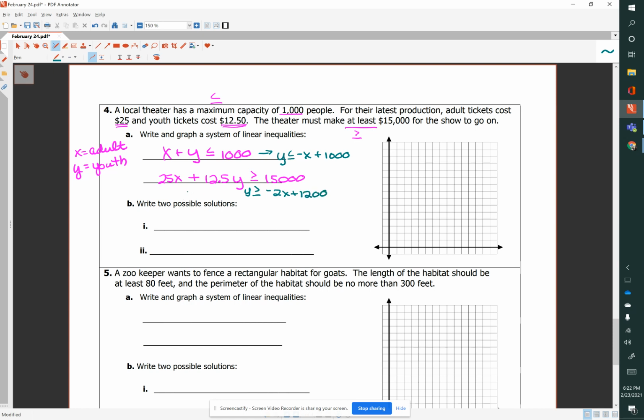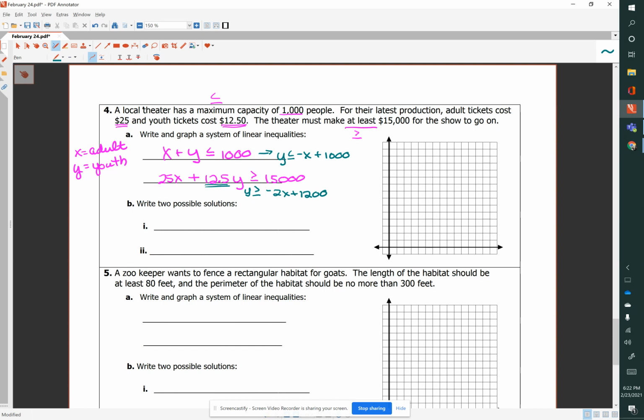We move x over to the other side, and then we divide everything by 12.5. 25 divided by 12.5 is 2, so negative 2. 15,000 divided by positive 12.5 is 1,200.